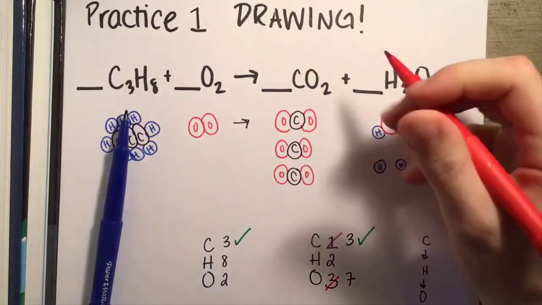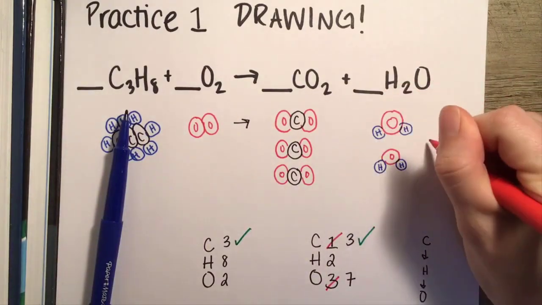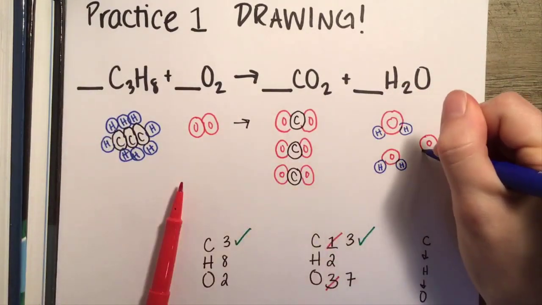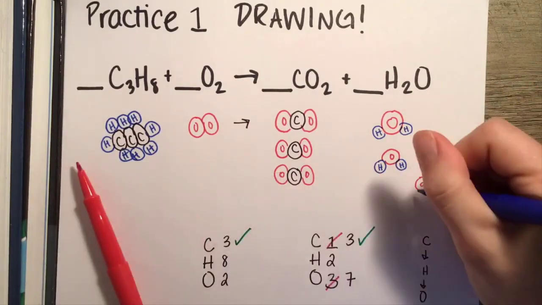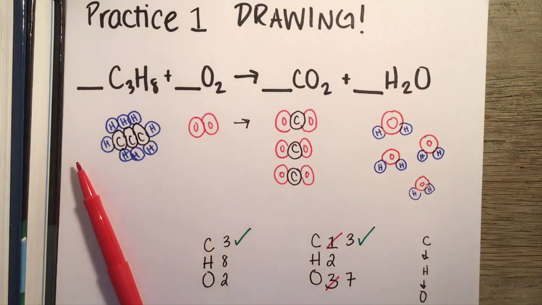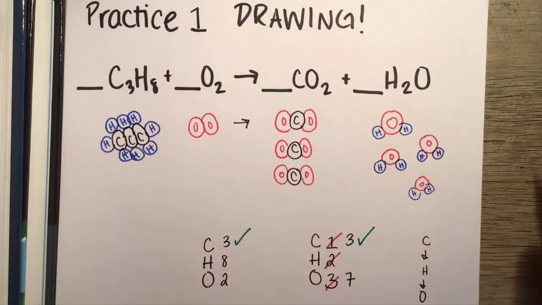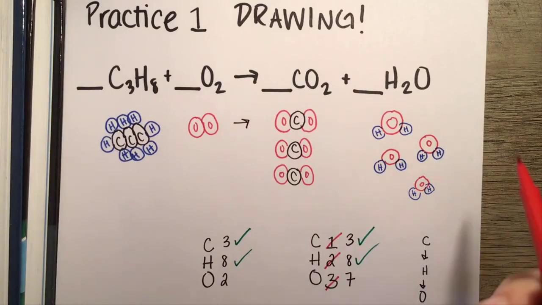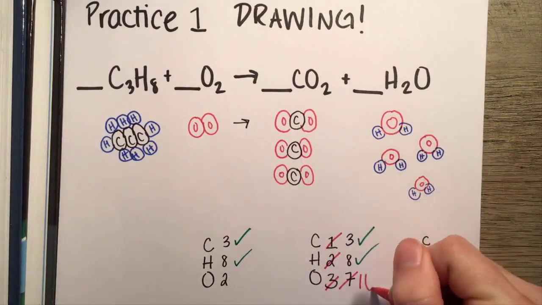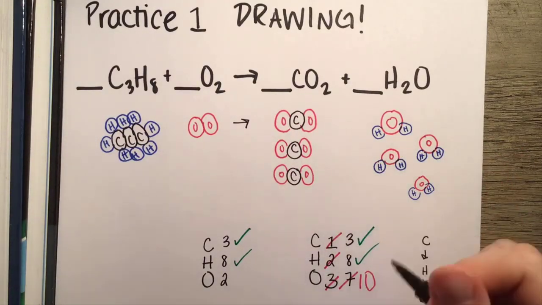Now let's go to hydrogen. So I need many more hydrogens. I need 6 more hydrogens on my product side because I have 8 on the reactant side and only 2 on the product side. So I'm going to keep drawing H2O particles until I end up with 8 hydrogens. Now I'm going to recount my oxygens again. So I've got 6 plus 4, that gives me 10, right?